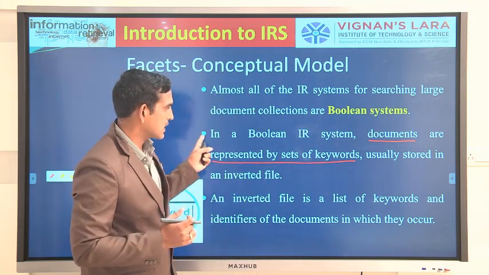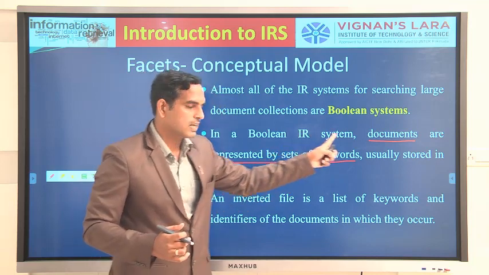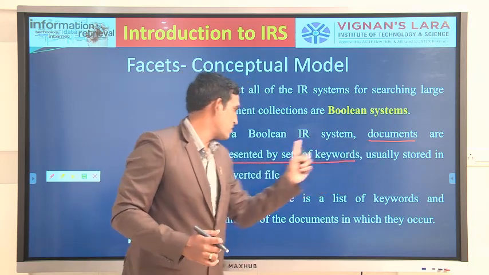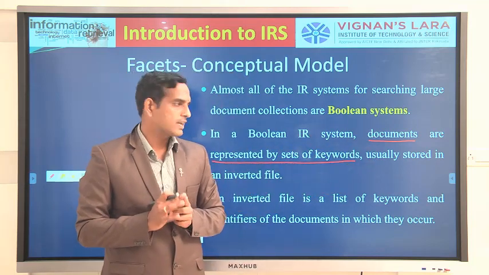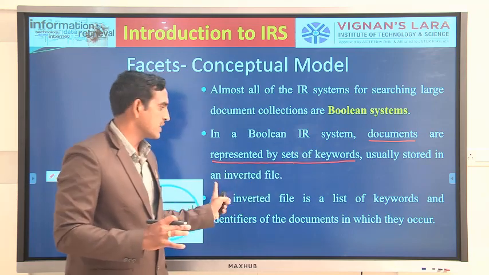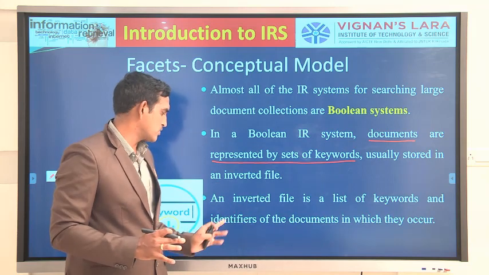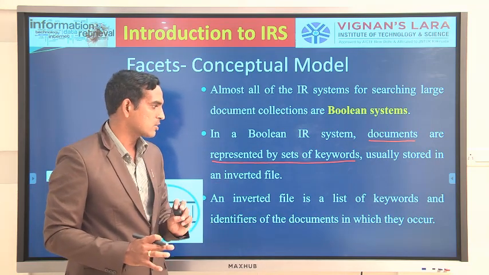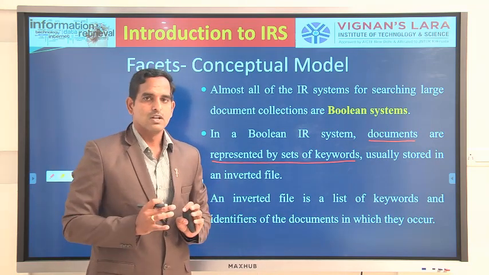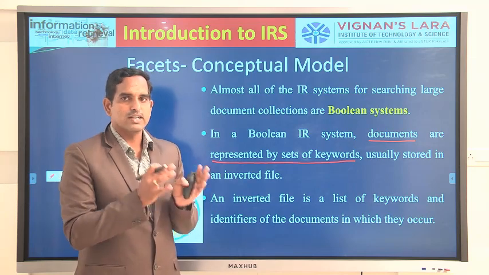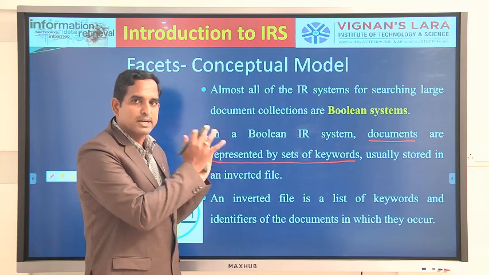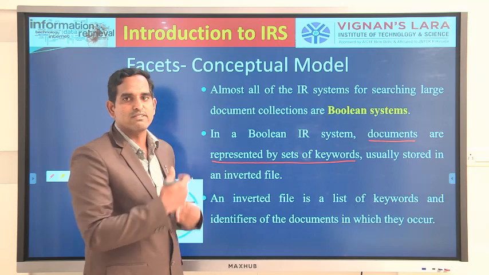Basically, any Boolean retrieval system will contain documents, and all the documents are represented by a set of keywords and are usually stored in an inverted file. An inverted file is a list of keywords and identifiers of the documents in which they occur. Whatever keywords you have identified for a particular document are stored in the inverted file.